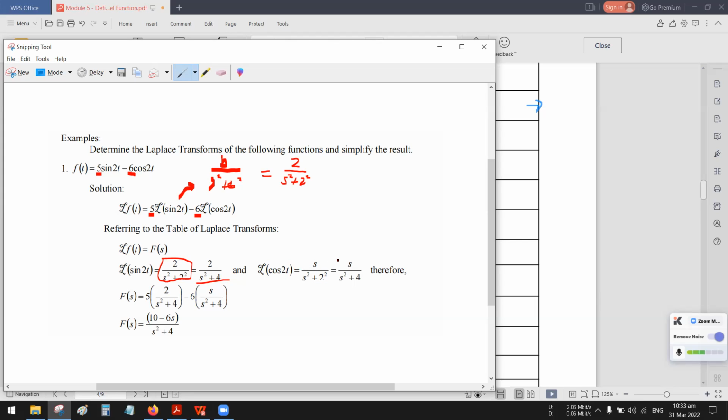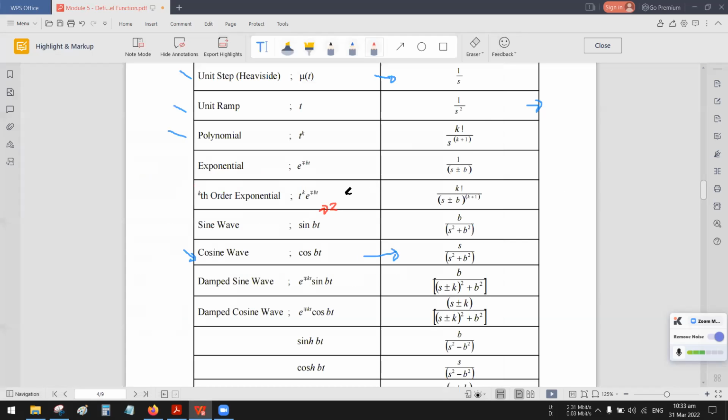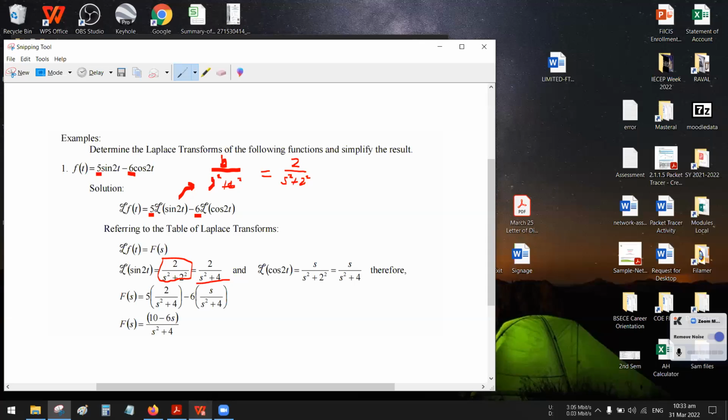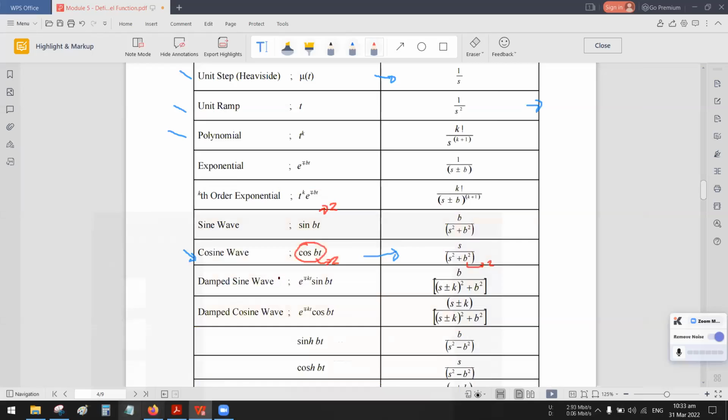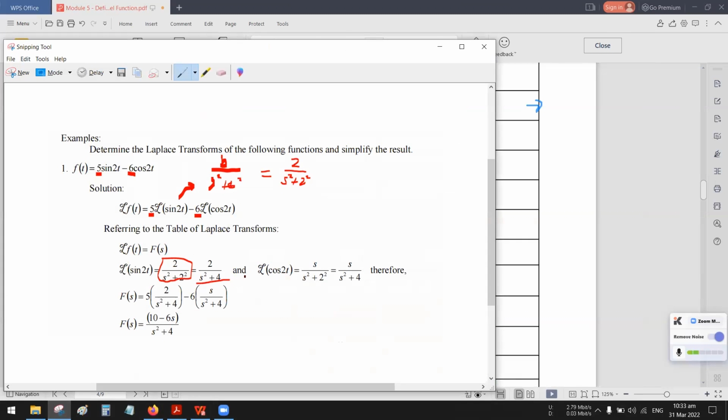Then for the cosine bt naman, you have s over s squared plus b squared. So saan ba dito yung cosine 2t? Ito naman siya. Okay, yung b mo is just the same, yung 2. Then lagay mo lang siya dito. Ayan. So yung equivalent Laplace transform of cosine 2t is just s over s squared plus 4.